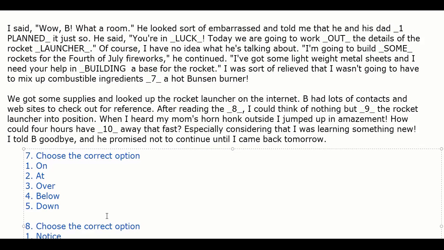I have some lightweight metal sheets and I need your help in building a base for the rocket. I was sort of relieved that I was not going to have to mix up combustible ingredients dash a hot Bunsen burner. Read the grammar and then tell me.